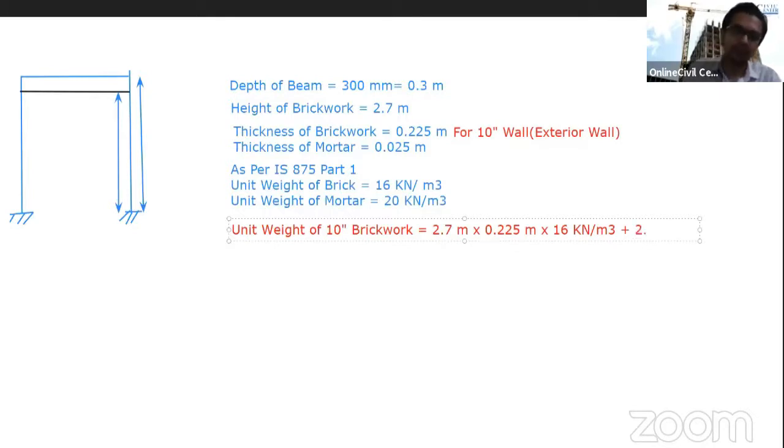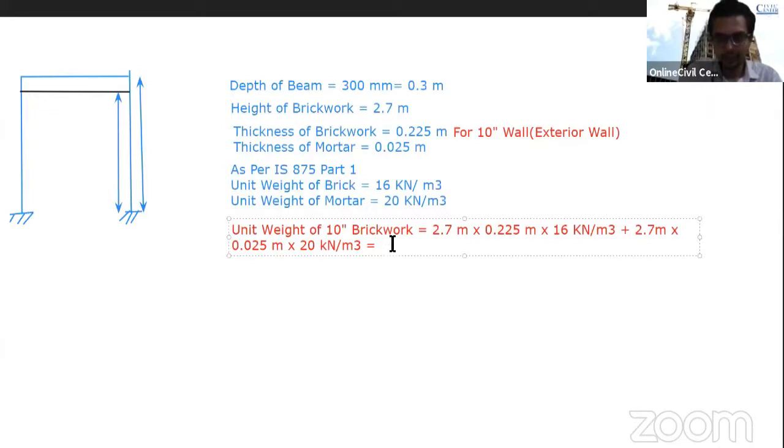This we have done for the brick. Now we'll do for the mortar, for the plaster, 2.7 meter into 0.025 into, what will be the value? 20 will be the value. Here we can just insert the units if you want. So it will be 20 kilonewton per meter cube, which will be equal to 9.72.